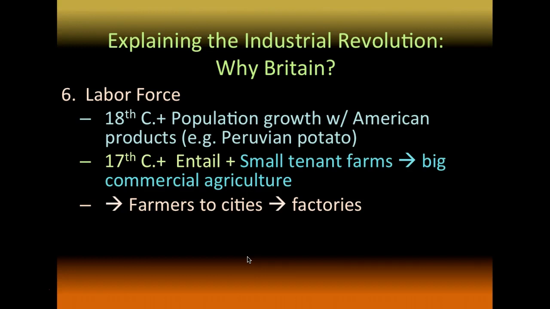And also a whole bunch of small tenant farms would be sold to a big commercial farm, and all of those small tenant farmers would now either have to become renters to the big farmer or would have to leave and move to the city, which is what the majority of farmers did. They moved to cities and they went to work in factories.